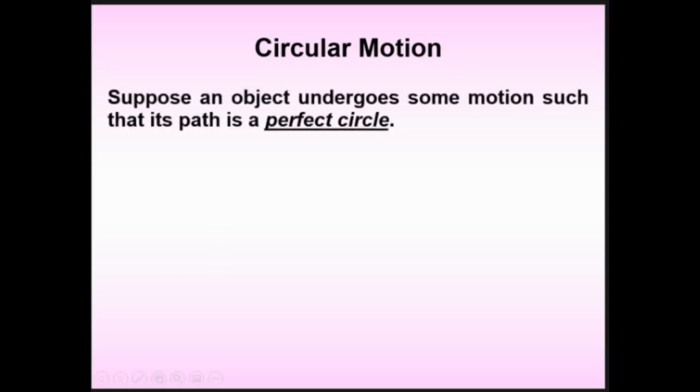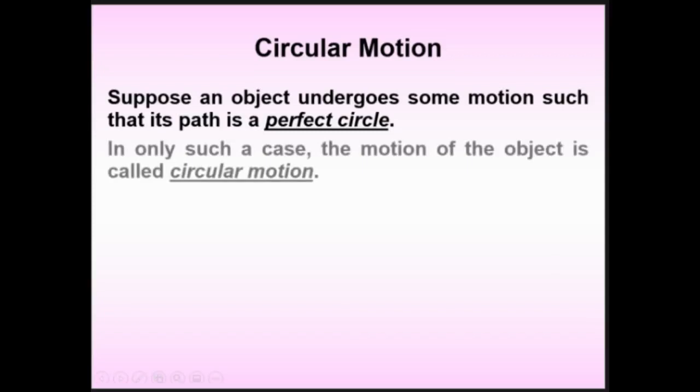So suppose an object undergoes some motion such that the path has to be a perfect circle. In only such a case is the motion of the object classified as circular motion, because it goes in a circle.